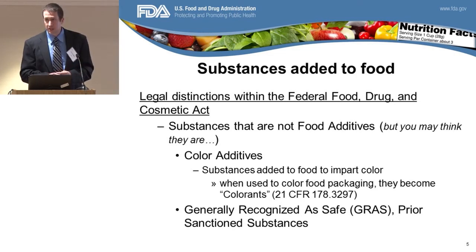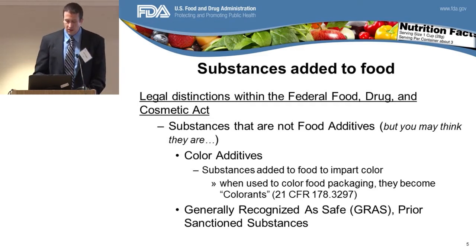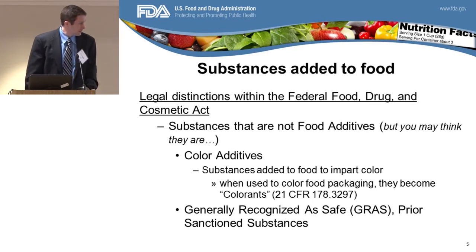And it doesn't have to be listed in that regulation. The regulation says anything that's allowed for use to color food, you can use it to color plastic packaging material. The other thing is substances that are termed generally recognized as safe, as well as prior sanctioned substances, and we'll get into that in a little bit.